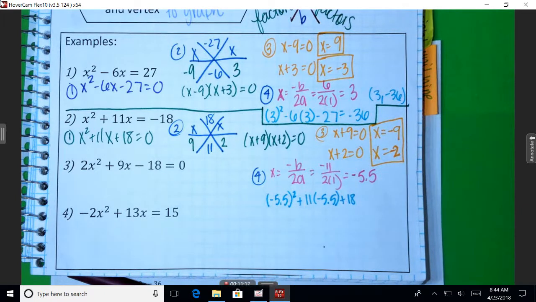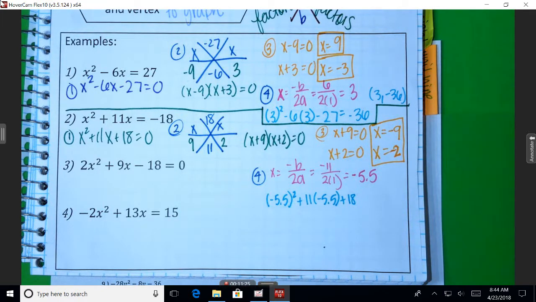Tell me what you get. Negative 12.25? Did anybody else get negative 12.25?